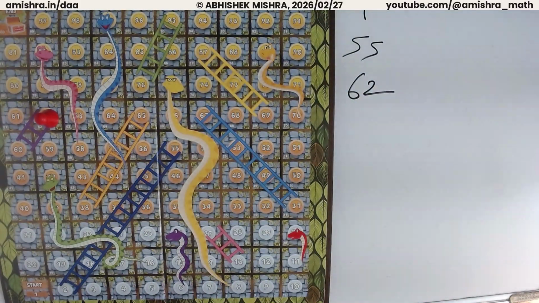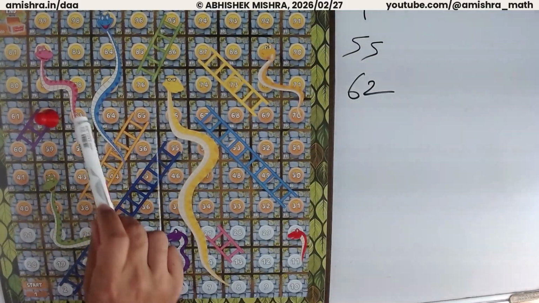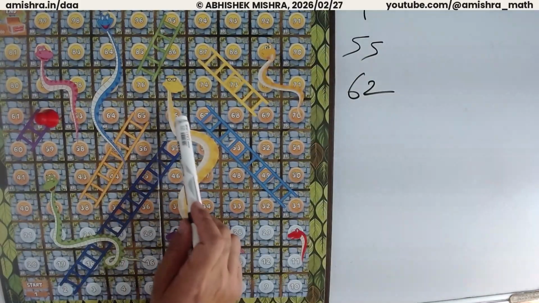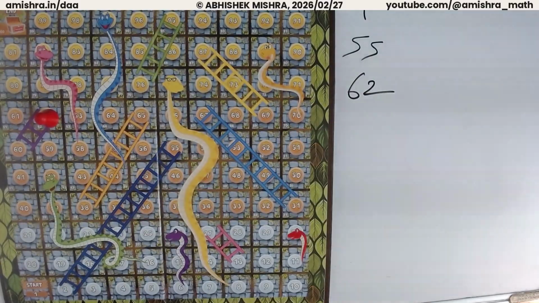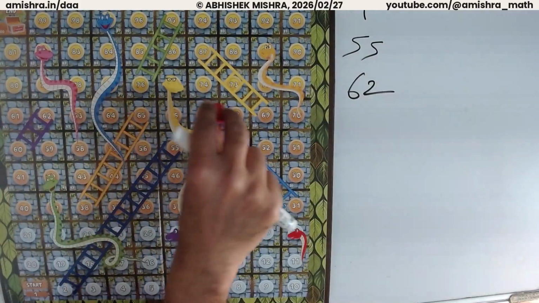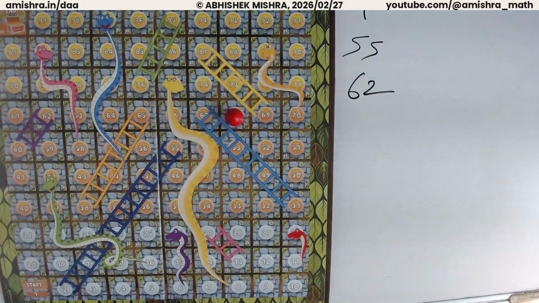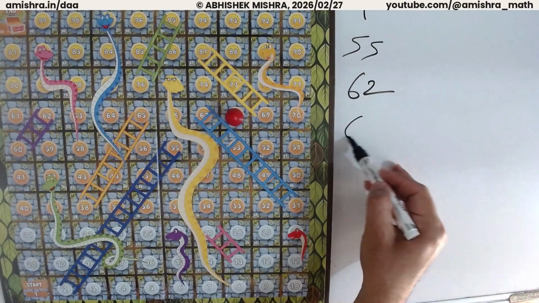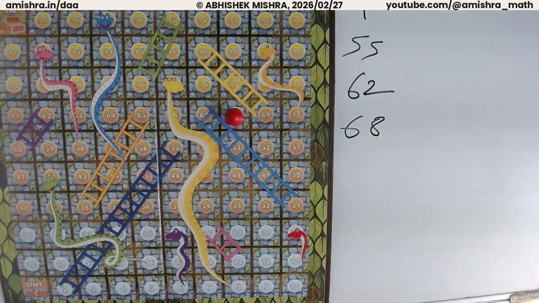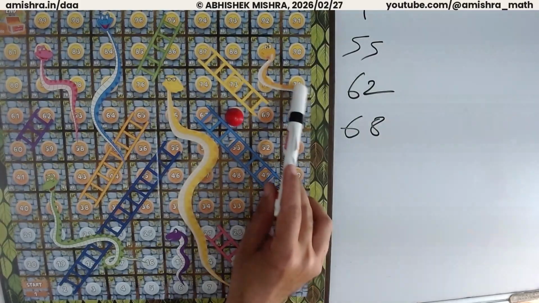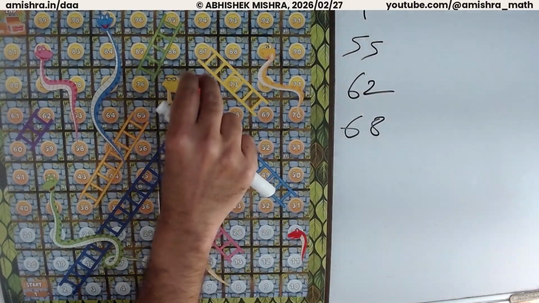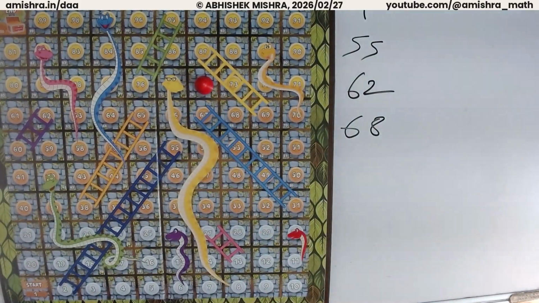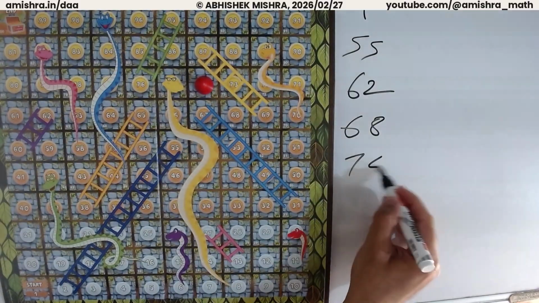Now from 62 again we have 6 possibilities, 63, 64, 65, 66, 67, 68. The maximum possible number we can get is 68. We jump 6 to 68. Now from 68 again we have 6 possibilities, 69, 70, 71, 72, 73, 74. Again we jump 6 to 74.